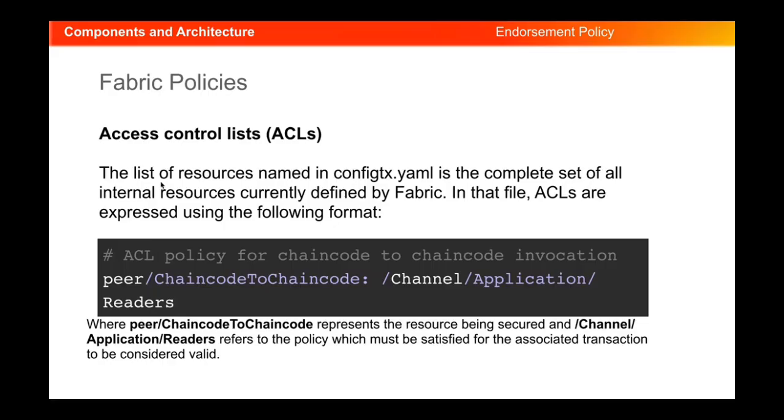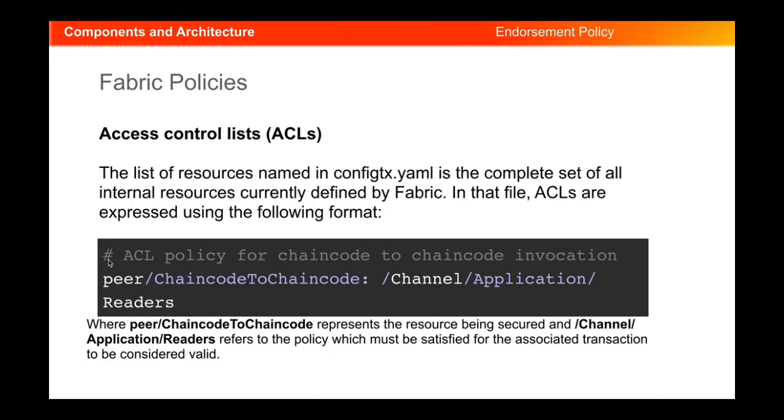So continuing on ACL, the list of resources named in the configtx.yaml file is the complete set of all internal resources currently defined by Fabric. In fact, in that file, ACLs are expressed using the following format. You just have to remember this for the time being, since we are going through the theory section.